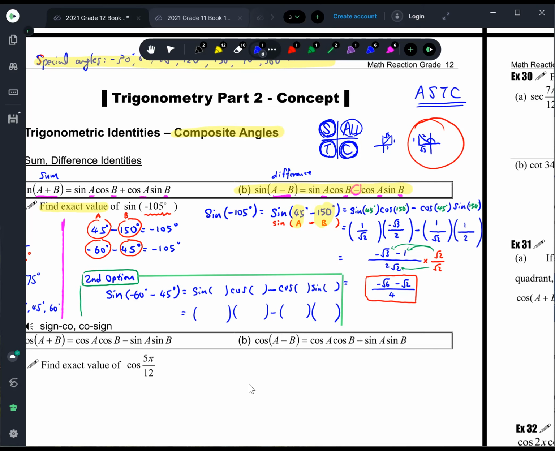Anything that you feel confused, even like how we get the 1/2, how to rationalize. You can raise your hand after you filled in the 4 blanks.